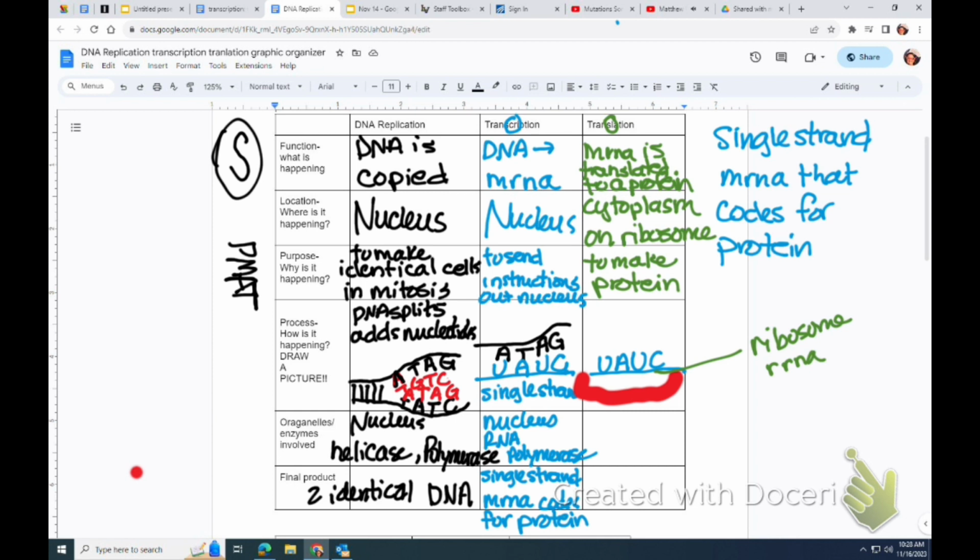Remember, we talked yesterday about things called codons. Codons are sets of how many letters? Three. There's three letters in each codon. So I have one full codon here, right? The UAU, we can say that's a codon. So a tRNA that has the anticodon to that codon, so that means they match. They're complementary. In this case, it would be AUA, right?